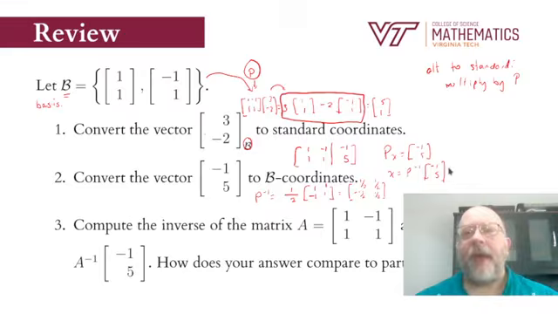If we multiply that times (-1, 5), that's the same as saying negative 1 times the first column plus 5 times the second column.